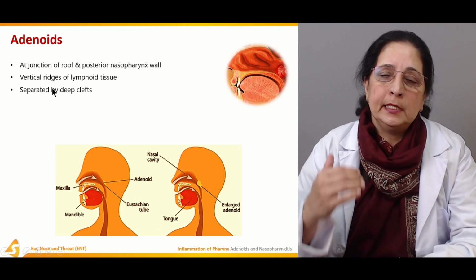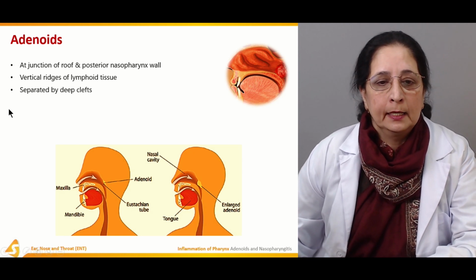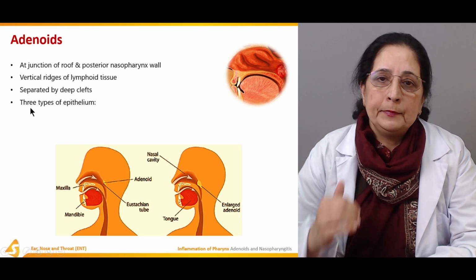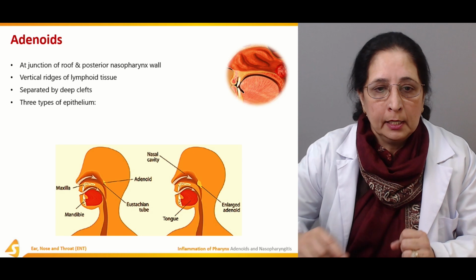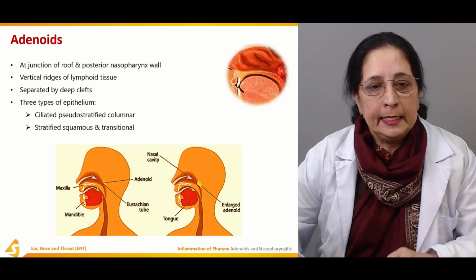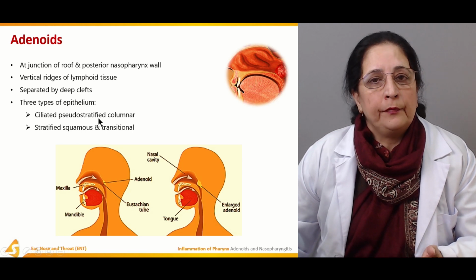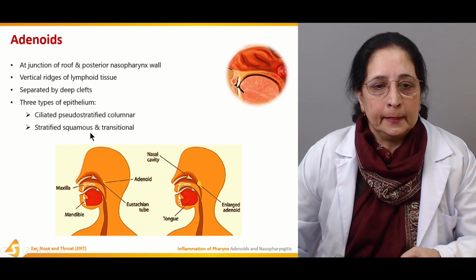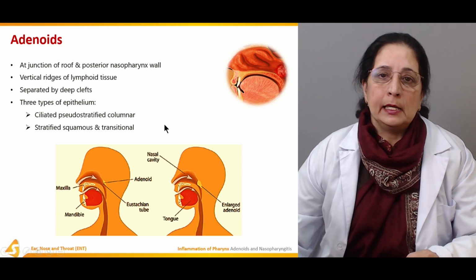The adenoids are separated by deep clefts, and there are three types of epithelium that make up the adenoid. We have the ciliated pseudostratified columnar epithelium, stratified squamous, and transitional epithelium.